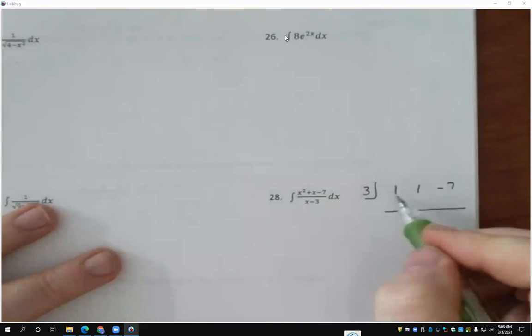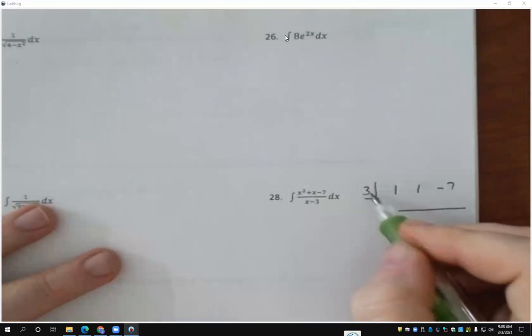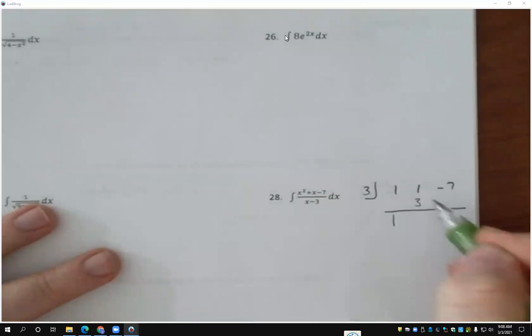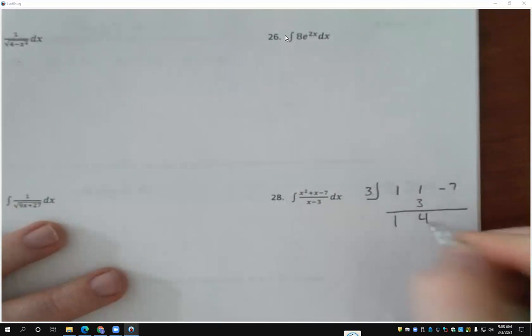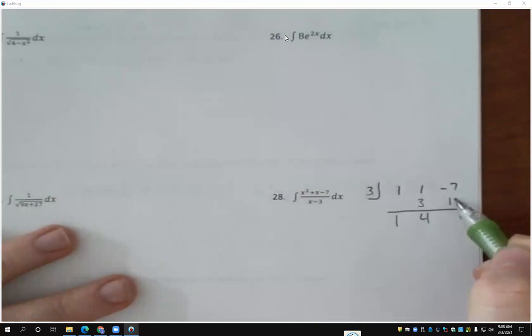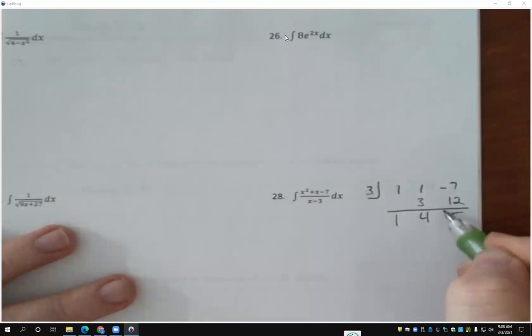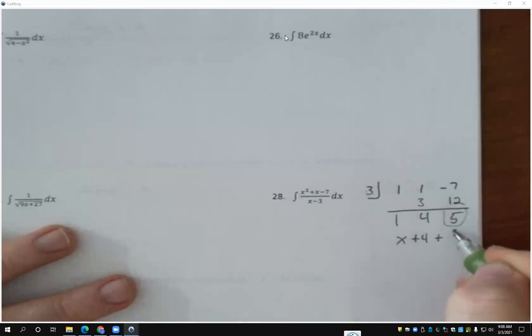And then you bring down the first one. You multiply this one by the number in the box and write it underneath the other one, and you add instead of subtracting like you do in long division. And then you multiply here and get 12, you put it there. And then you add and you get 5. That's my remainder. So this is the function x plus 4 plus 5 over x minus 3.